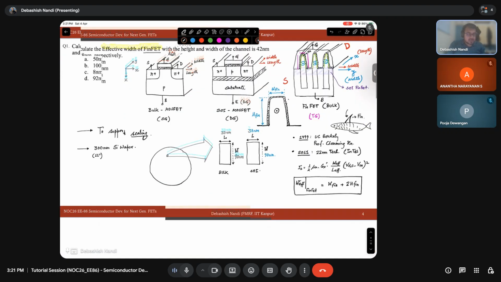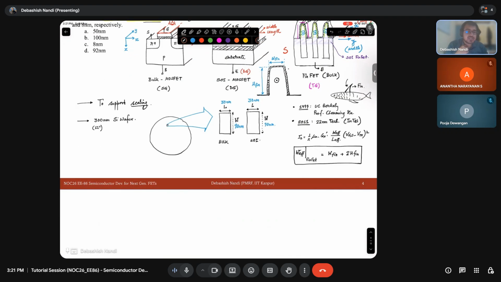Okay, so now let's say I want to distribute this 90 nanometer between W fin and H fin. Let me take one combination. Let me consider my W fin is 10 nanometer. So what will be my H fin? H fin is 40 nanometer, right?